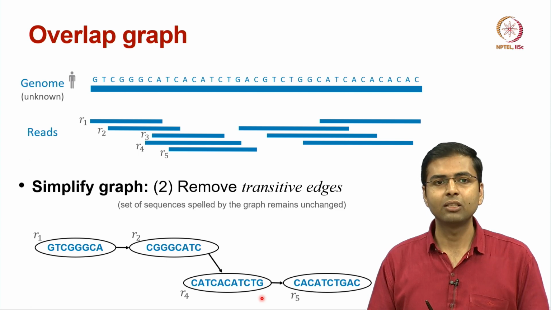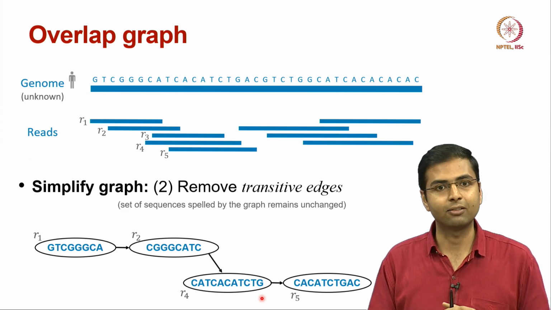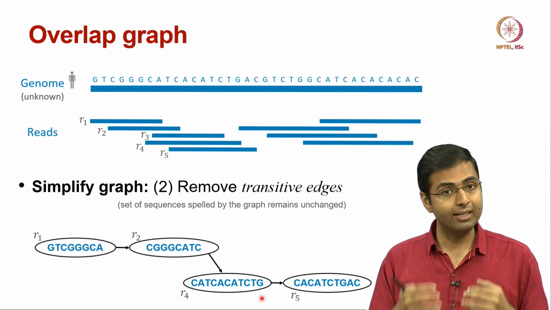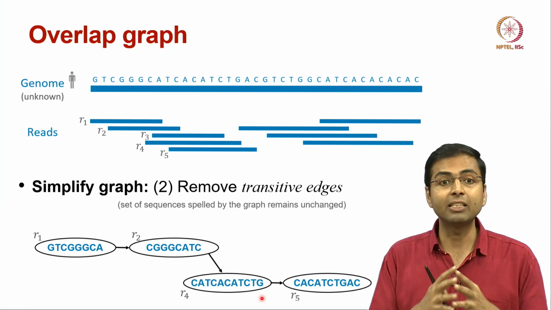In this process we end up simplifying the graph significantly in practice. We were working on a toy example for now, but in practice as well these techniques work really well in obtaining a much simpler graph.